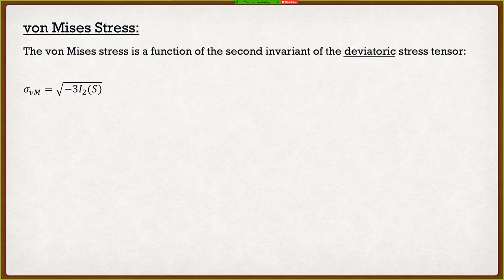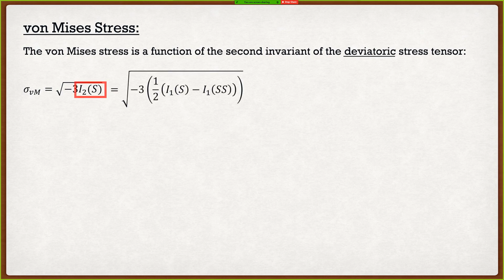So the von Mises stress, which is a scalar, is going to be equal to the square root of -3 multiplied by the second invariant of the deviatoric stress tensor. Remember, this is the deviatoric stress tensor, not the actual stress tensor. So I actually know what that second invariant is.